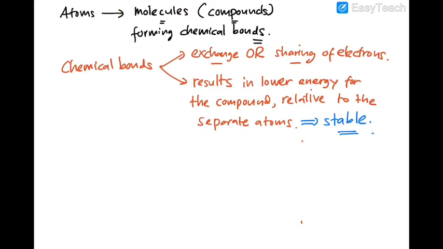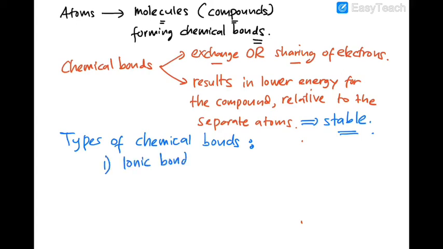Now, let's take a look at the types of chemical bonds. We will discuss three types of chemical bonds. The first one is the ionic bond.